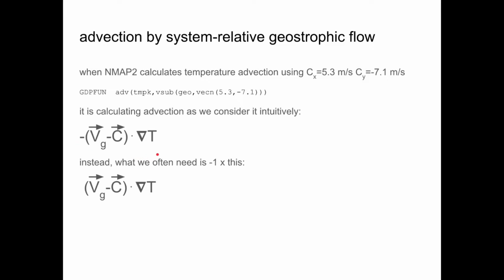So the system relative geostrophic flow here is Vg minus C, and then we're going to take minus that dotted into the temperature gradient, and that gives us the advection by the system relative geostrophic flow. Well, often what we need is just -1 times this. So we'd have to multiply this advection times -1 to get what we're after.